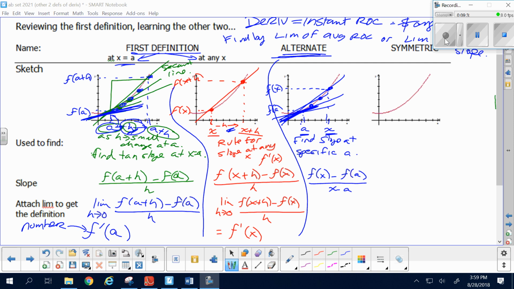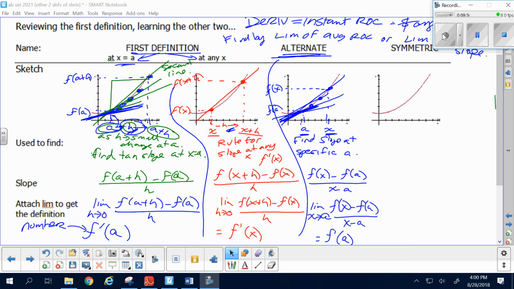So now I'm going to do that by choosing x is closer and closer to a, so I want to say what happens as x approaches a. If I do that on the slope of the 2 points calculation, or the secant slope, I get the derivative at a. So that is just another way, like the first problem, of finding the slope at a specific point, the alternate definition.